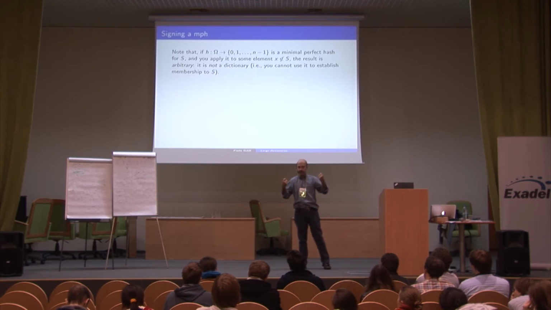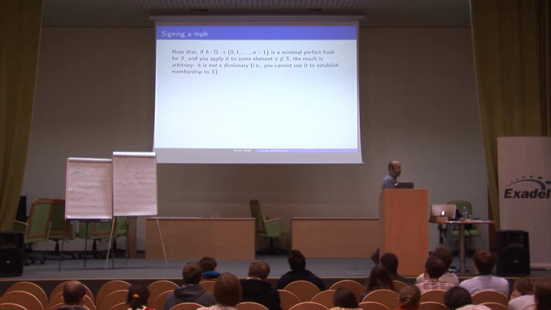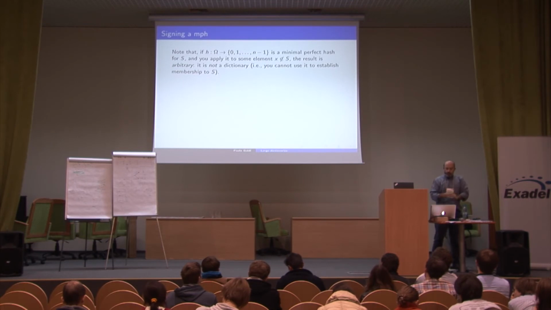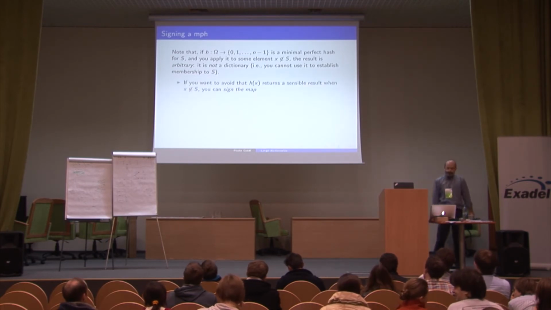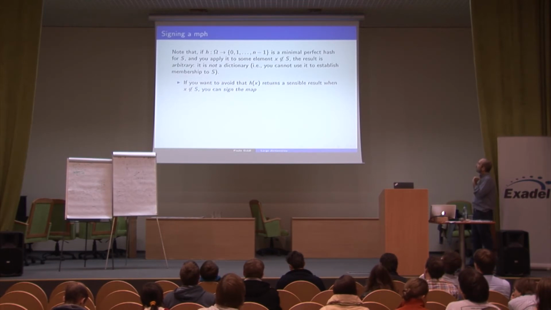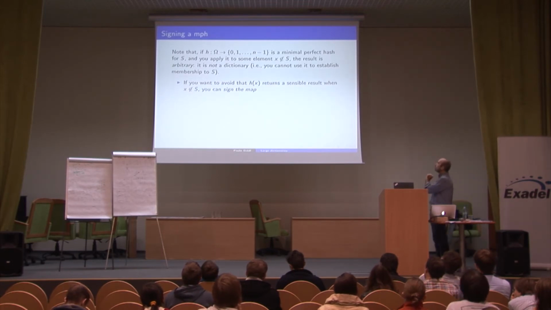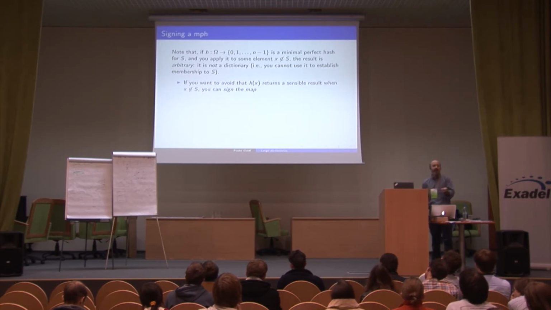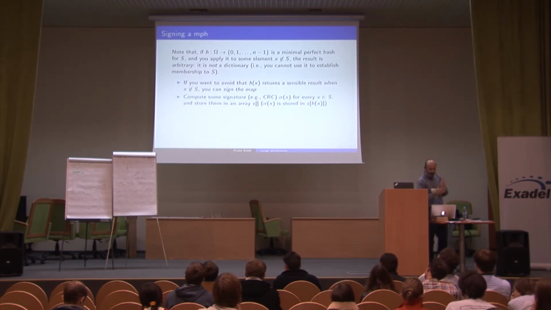It's like an error value. And one way to do that is the following. You take a minimal perfect hash, and you want to avoid that if you try to apply H to an element that was not part of S, it returns a reasonable value.